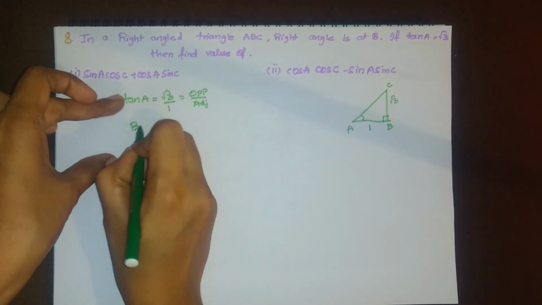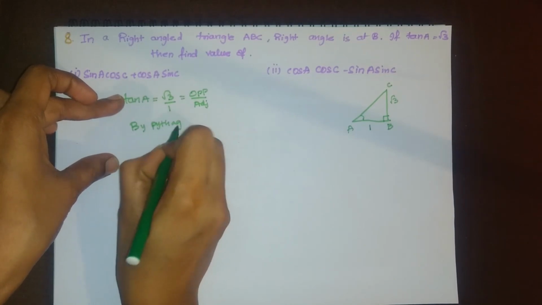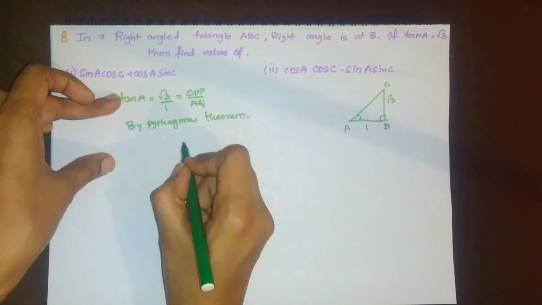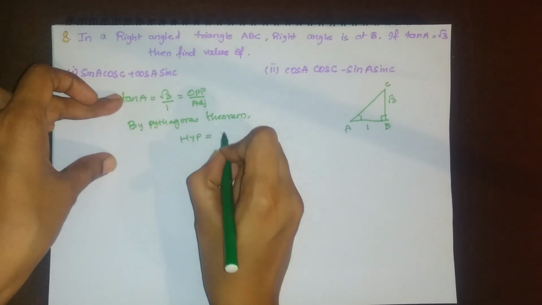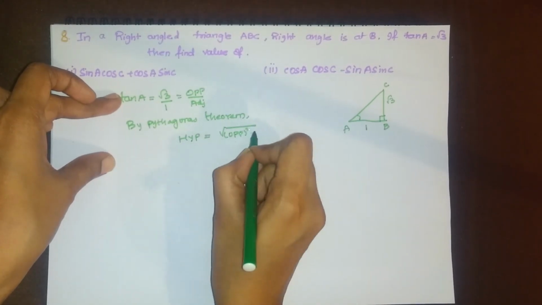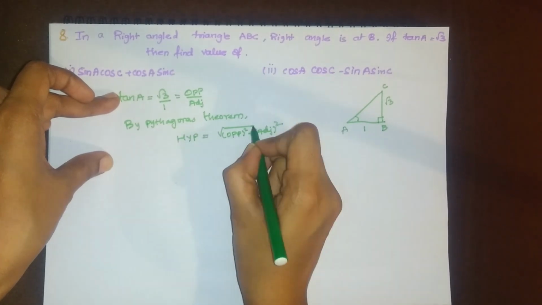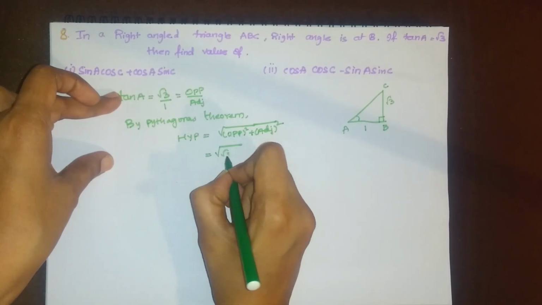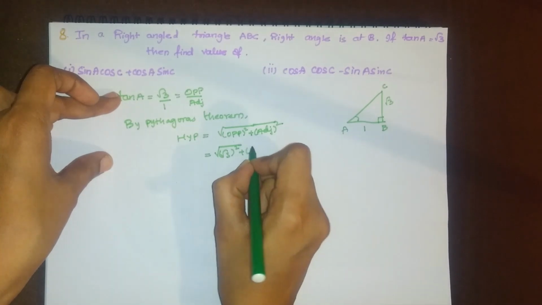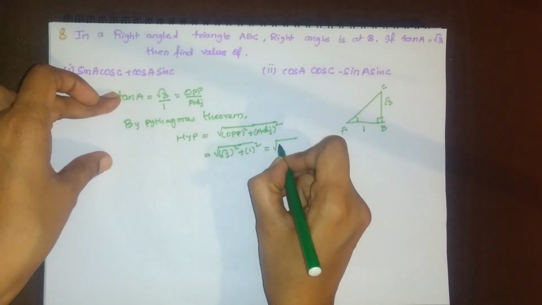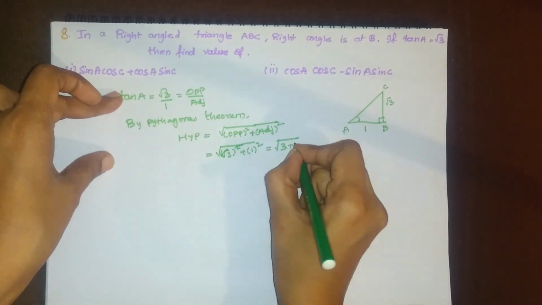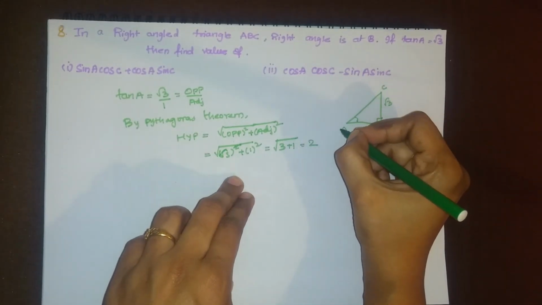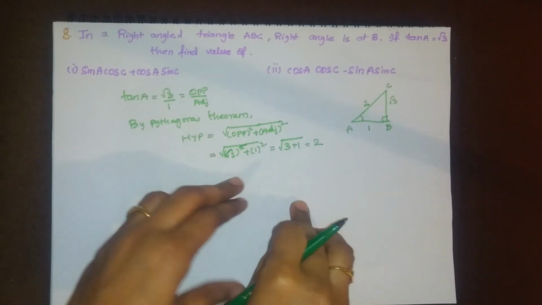Now, by Pythagoras theorem, hypotenuse is equal to square root of opposite square plus adjacent square, which is equal to square root of square root 3 square plus 1 square, which is square root of 3 plus 1, that is 4, square root of 4 is 2. So hypotenuse length is 2 units.